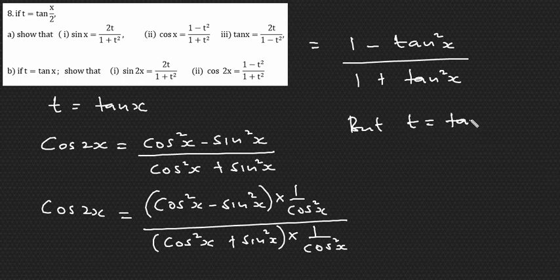But our t is equal to tan x. So we just come and we replace tan x with a t. We end up having cos 2x equal to 1 minus tan squared x, so it will be 1 minus t squared over 1 plus tan squared x, so this is going to be 1 plus t squared.